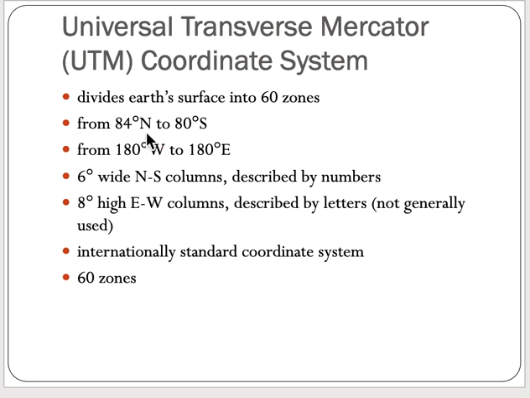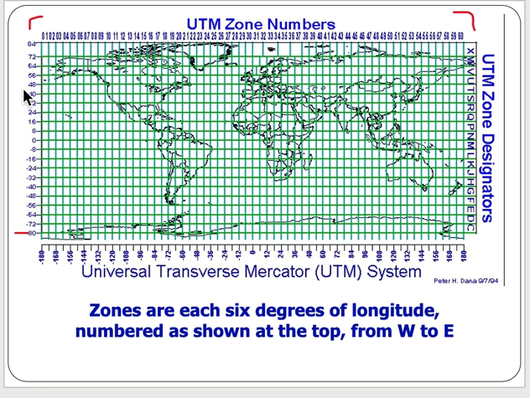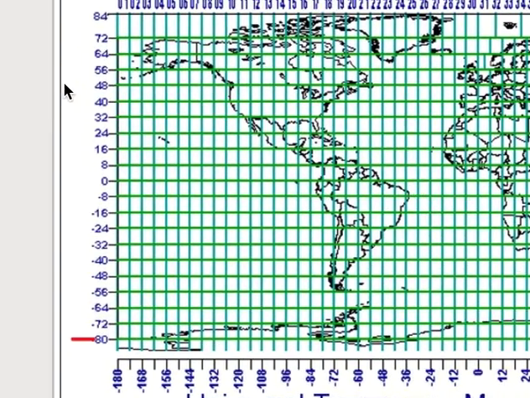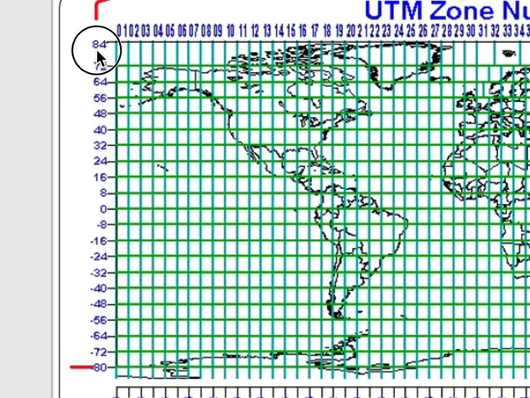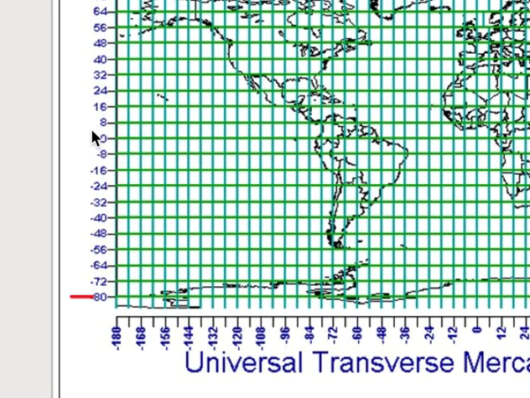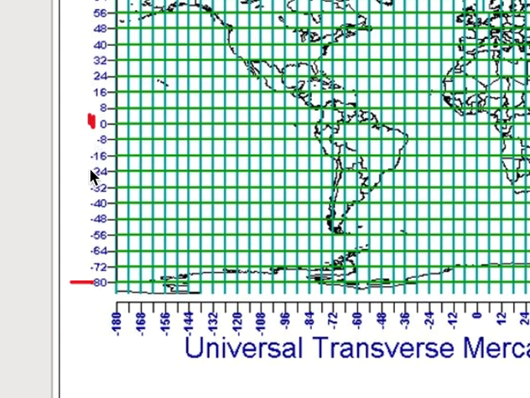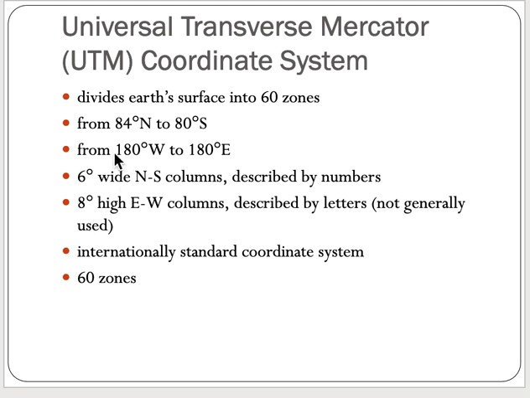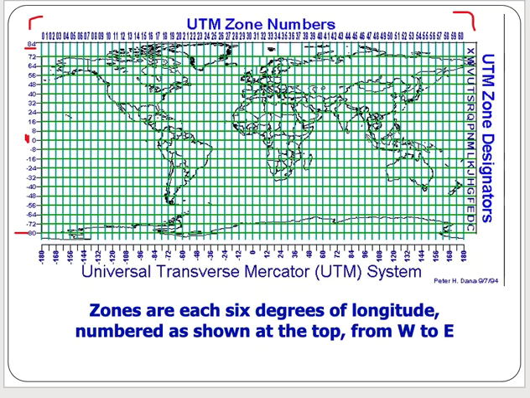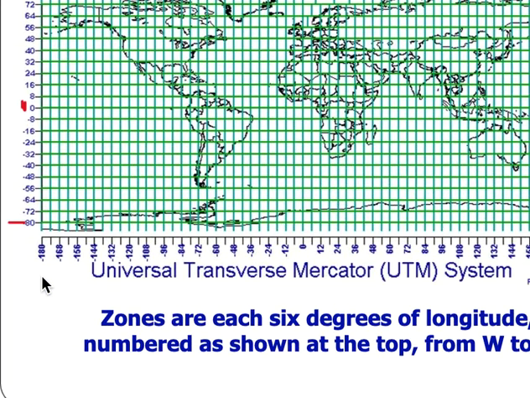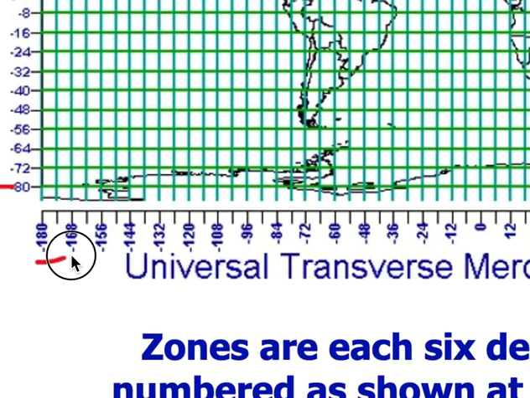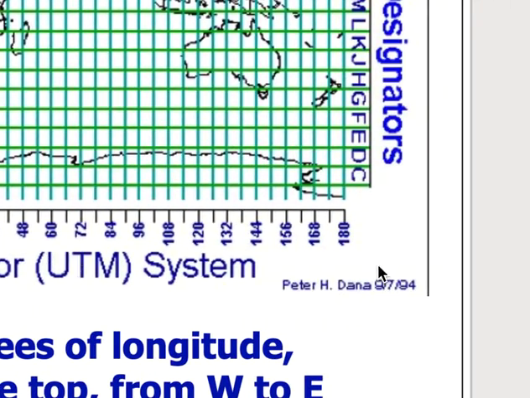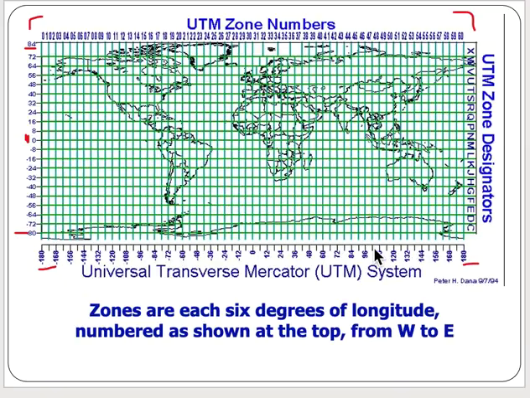And it's from 84 degrees north to 80 degrees south latitude, like we see here, 84 degrees north, and we could see the equator position here, and 80 degrees south latitude. And it's from 180 degrees west to 180 degrees east, like we see here, 180 degrees west, and then when you go down the map to 180 degrees east.